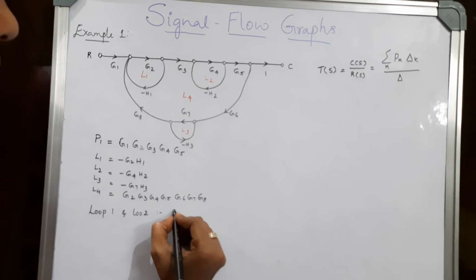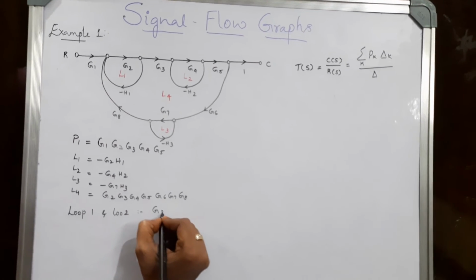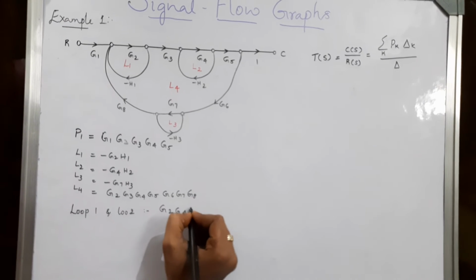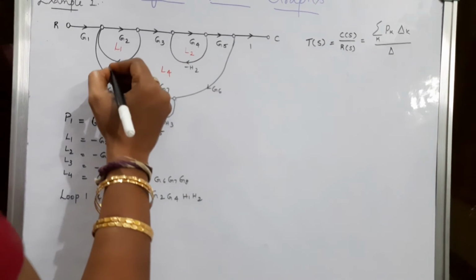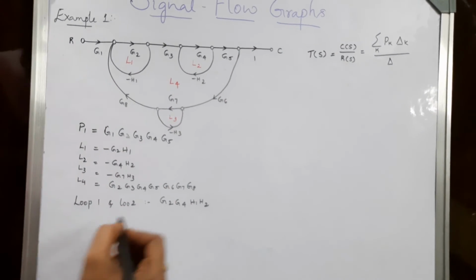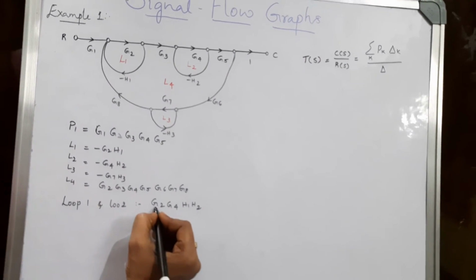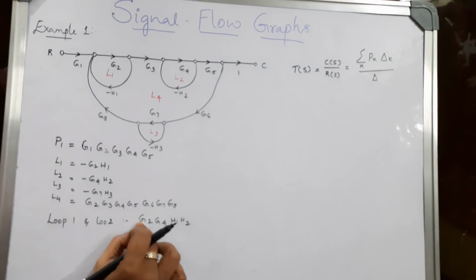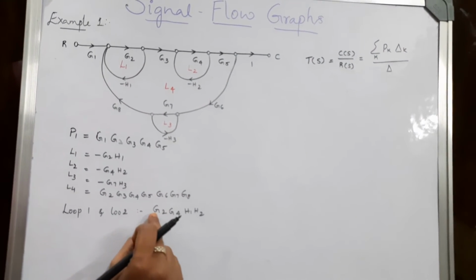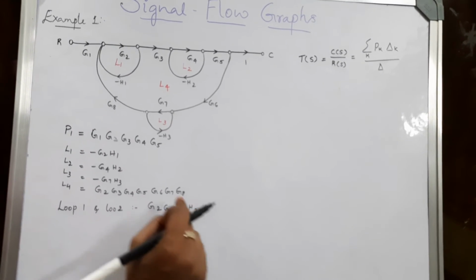So obviously their loop gain is G2, G4, H1, H2. So here also minus, here also the product will be plus. So the loop gain of this combination of 2 loops taken at a time which are not touching each other is G2, G4, H1 and H2.